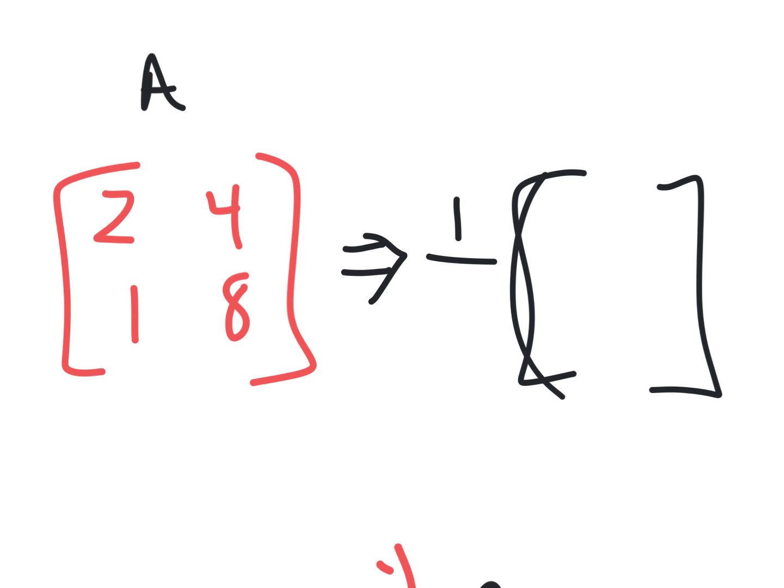All right, let's do this determinant part. You probably remember there's a subtract in it, right? But is it 2 times 8 minus 1 times 4, or is it 1 times 4 minus 2 times 8? Do you think I should start with 2 times 8? Raise your hand if you think I should start with 2 times 8. And that kind of makes sense, because wouldn't you start with the upper left-hand corner?